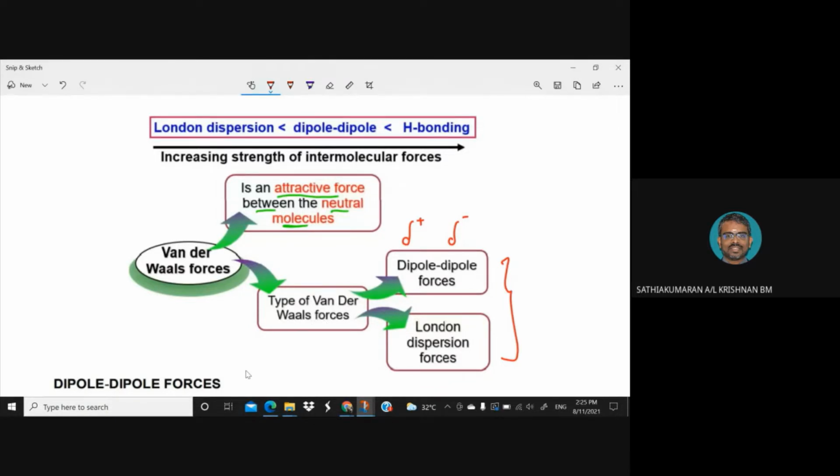Which forces is the strongest? Hydrogen bonding is the strongest. Which forces is the weakest? Van der Waals forces. Between van der Waals forces and hydrogen bonding, which one is stronger? Hydrogen bonding.